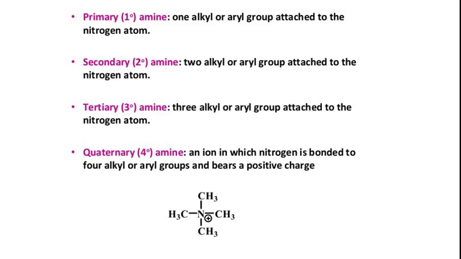If a cation is formed by giving the lone pair of electrons of nitrogen, that forms a quaternary amine. A quaternary amine is an ion. It is giving its electron pair to another compound, forming a tetraalkylammonium salt.